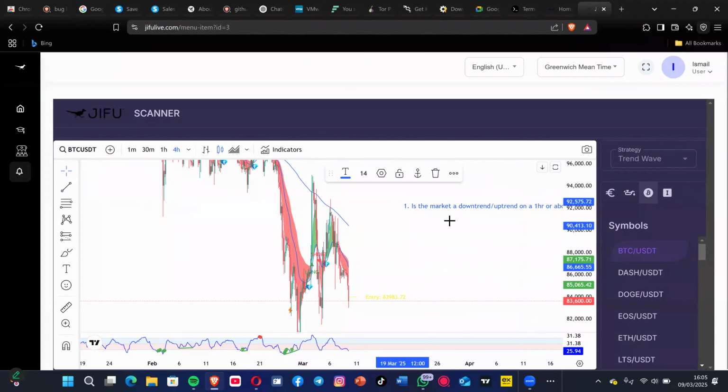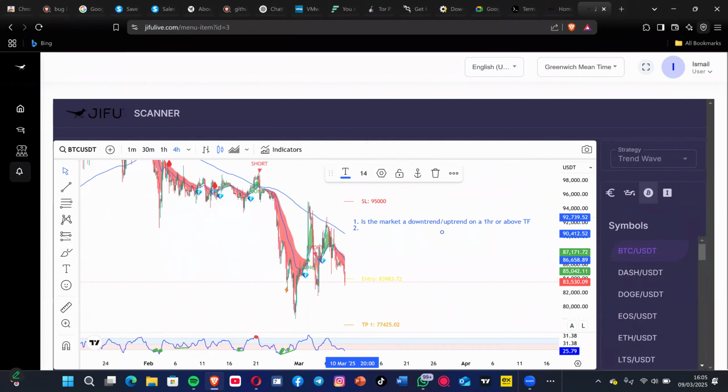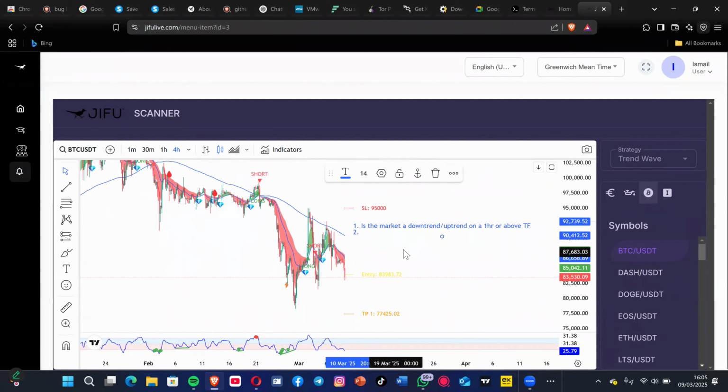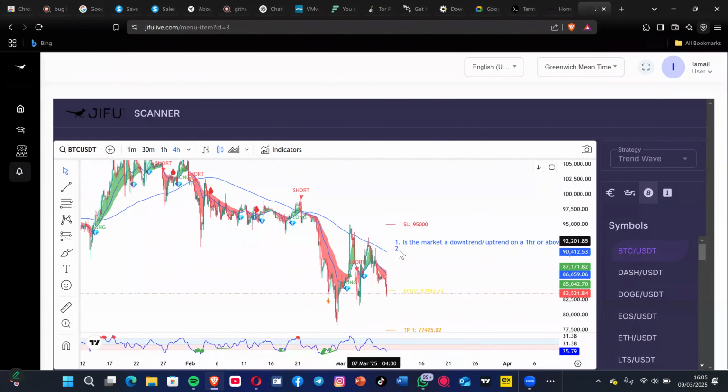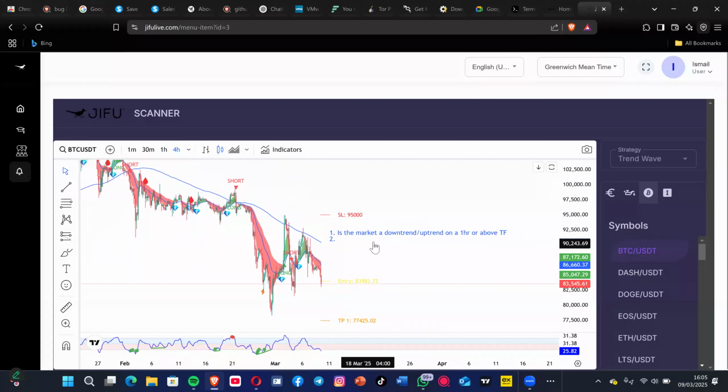Now, the second thing you want to ask yourself, sorry, I'm coming. All right, so the second thing is, after you have confirmed that, you want to know if the market is downtrend or uptrend. Now, if you look at this, is this downtrend or uptrend? It's a downtrend. Good. So that is the first thing you ask yourself.